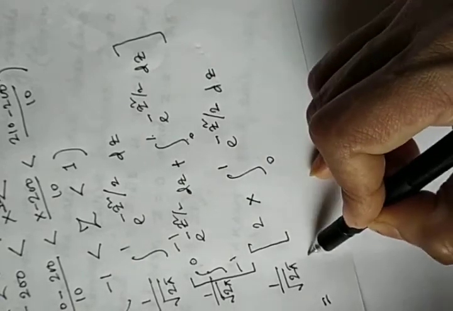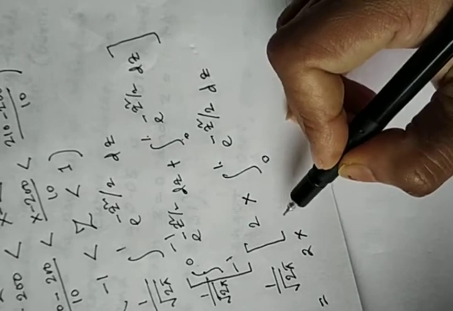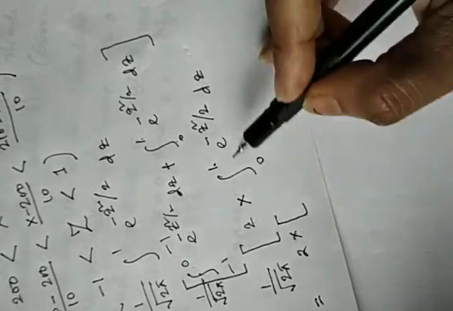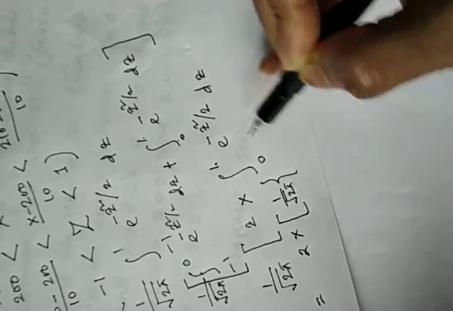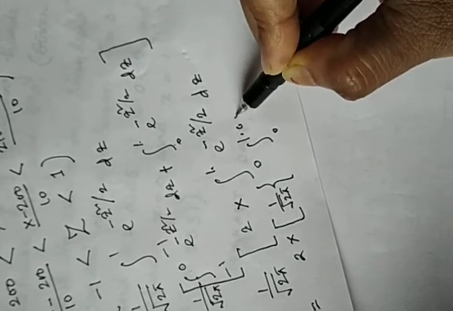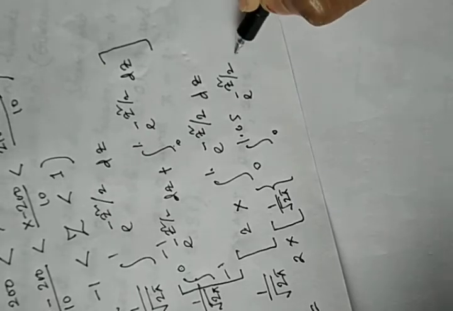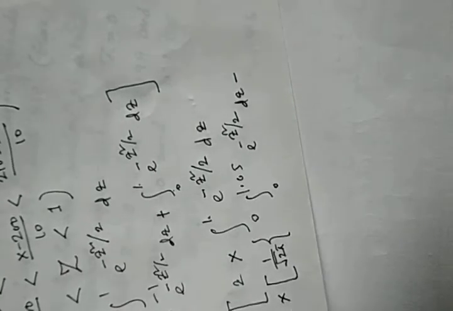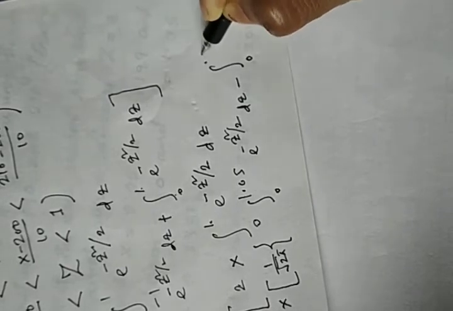So this 2 is outside, and this is 1 by root over 2 pi. This 0 to 1 can be written as integral 0 to 1.05 of e power minus z square by 2 dz minus integral 0 to 0.05 of e power minus z square by 2 dz.